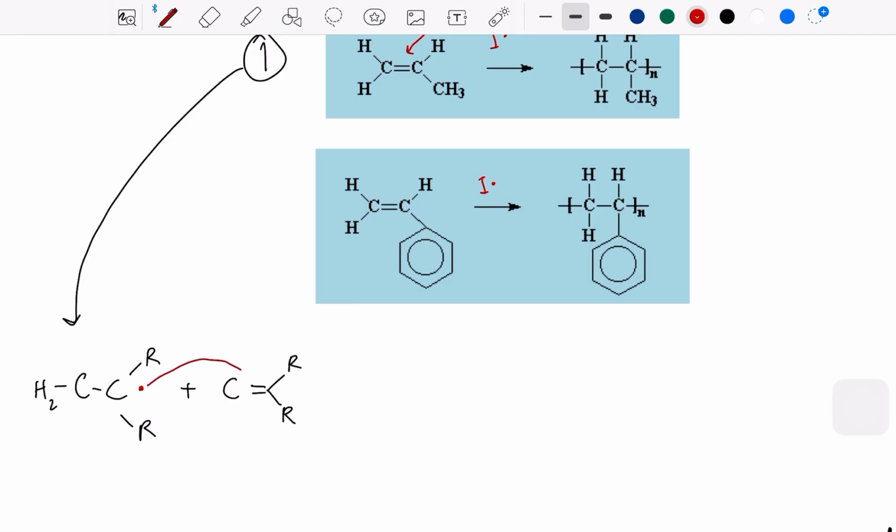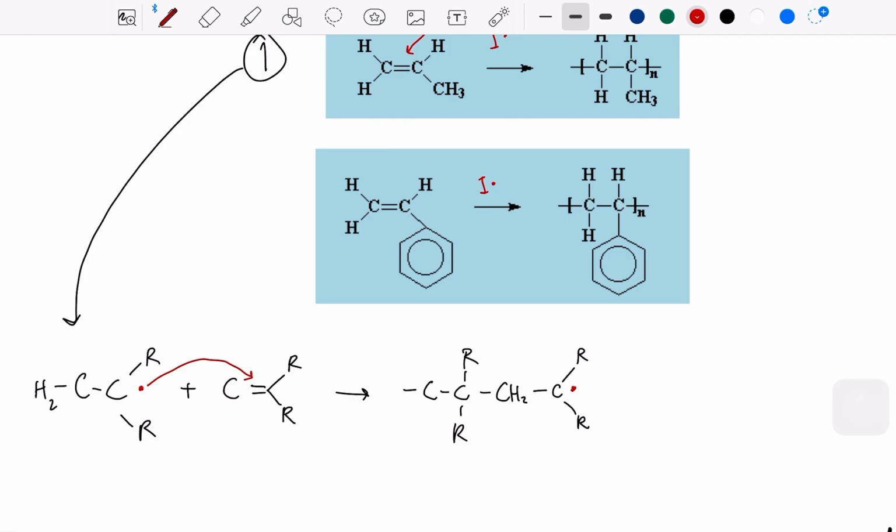So this will break the double bond, and what will happen is it will connect this together. So break the double bond and connect the two together. And then you will see that the radical is still there, okay? And then more and more monomers react with this radical, break the bond, and then become a real bond. And how this process happens is really fast.